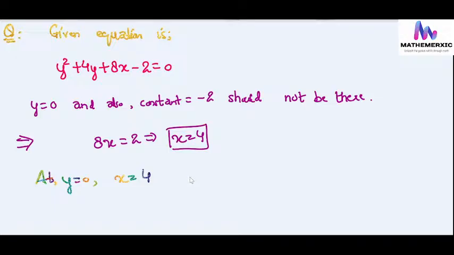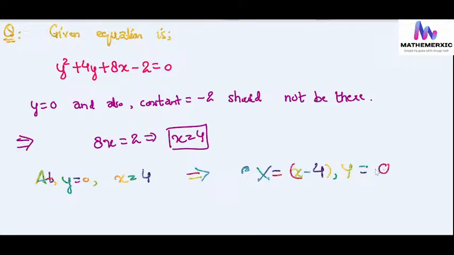That is fine. It means the new coordinates will be, capital X equal to x minus 4, and capital Y will be equal to 0 here.